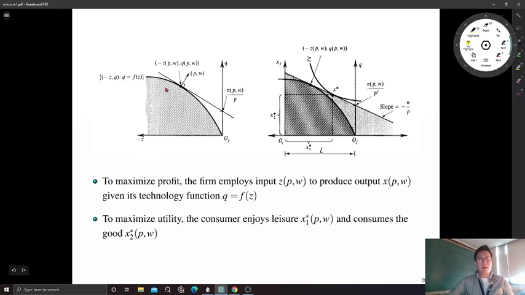So let me first illustrate how to analyze the firm's problem.